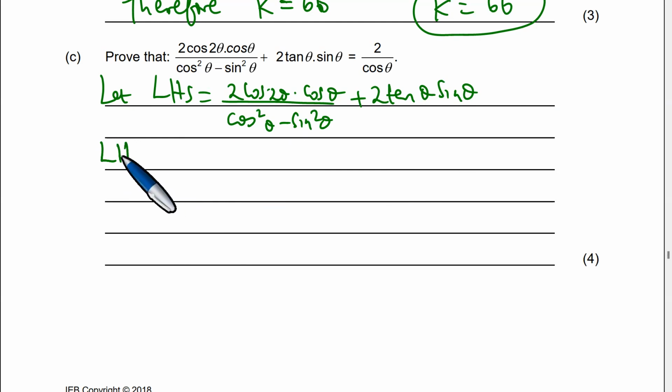So which means the left-hand side is the same as 2 cosine 2 theta, cosine theta. Cosine squared minus sine squared is cosine 2 theta.